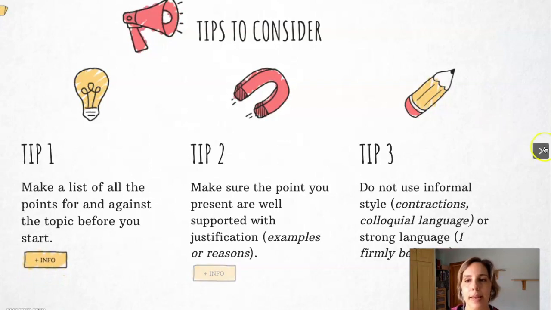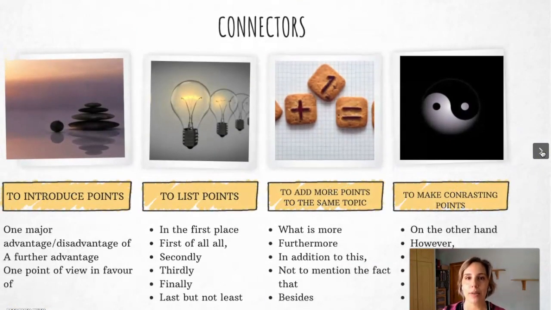Now, after these tips, it's important to join our ideas and our paragraphs with connectors or linking words. When we start talking about a topic, we need to introduce all those points that we're going to make. For example, we're going to say "one major advantage" or "one major disadvantage", "a further advantage", "one point of view in favor of" and so on.